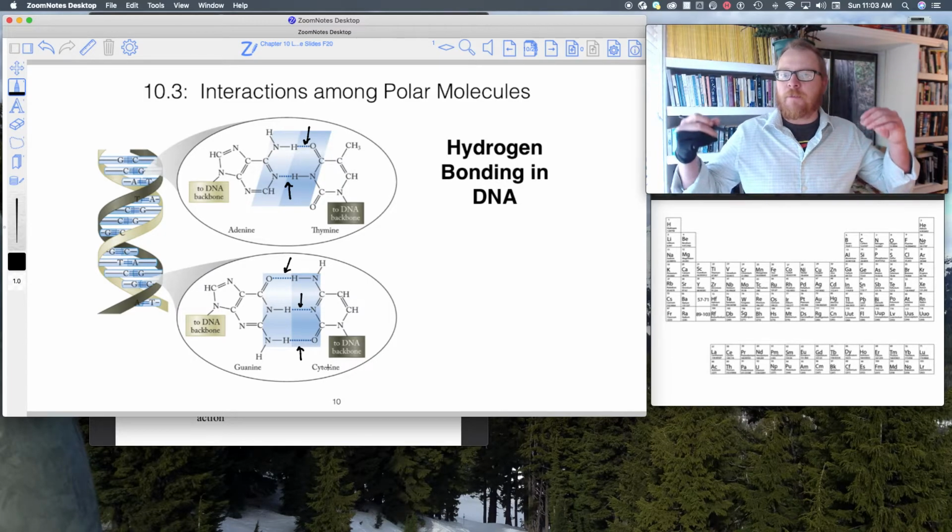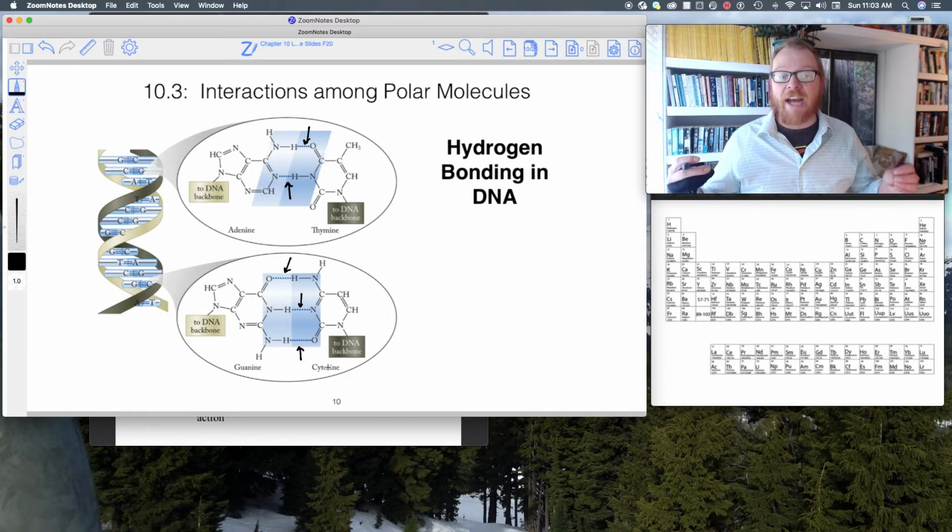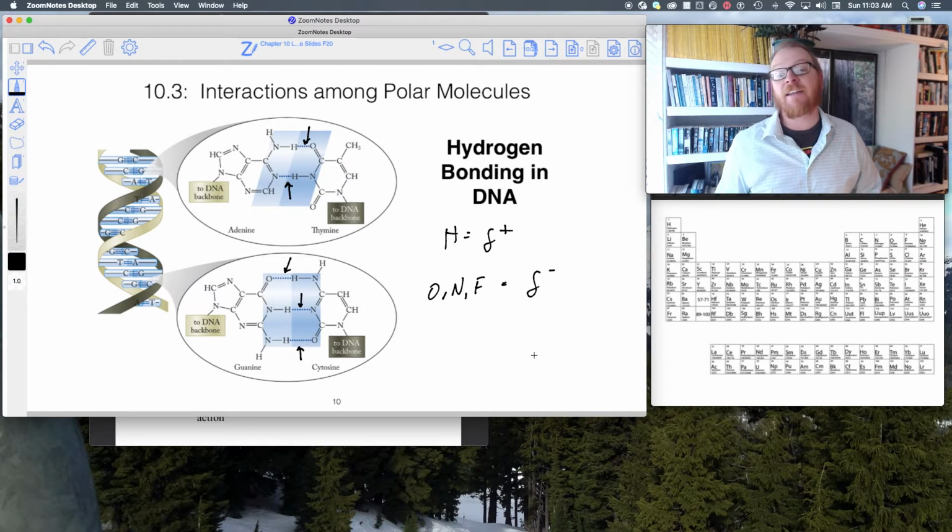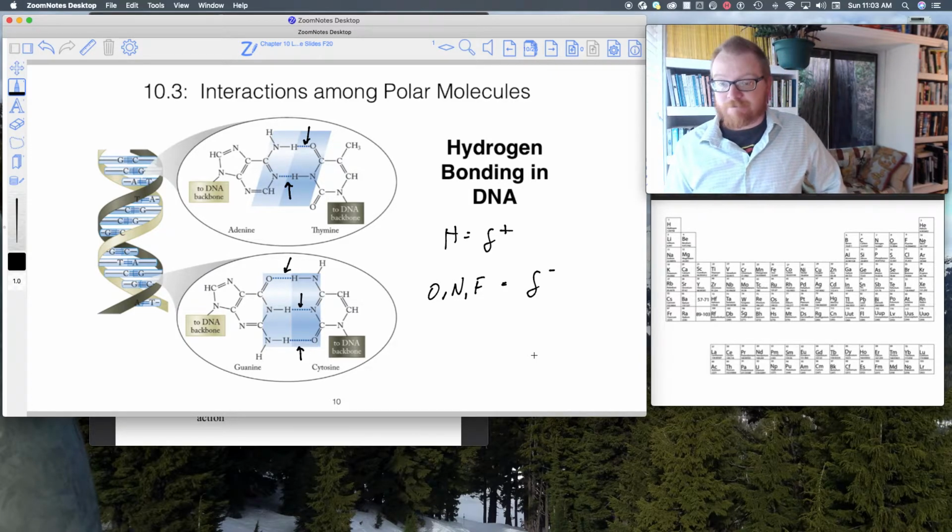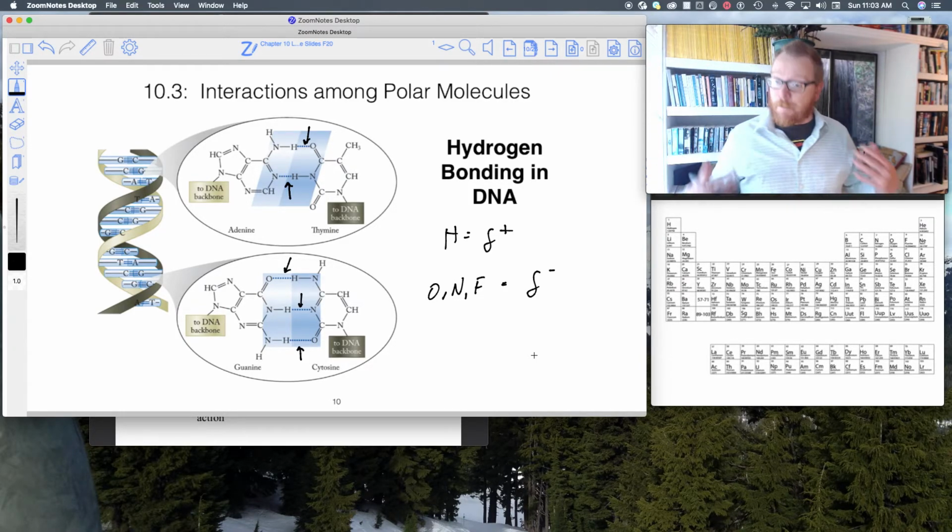It's just the mutual attraction of oppositely charged things. Hydrogen is slightly positive, and oxygen, nitrogen, and fluorine are slightly negative. When they get close to each other, opposites attract. It keeps DNA glued together.